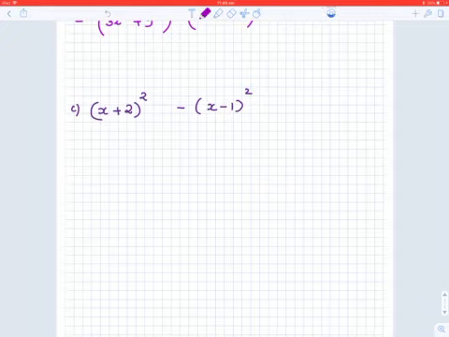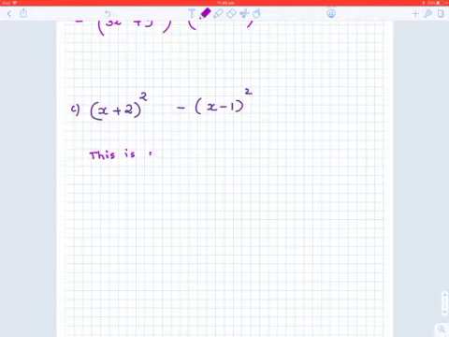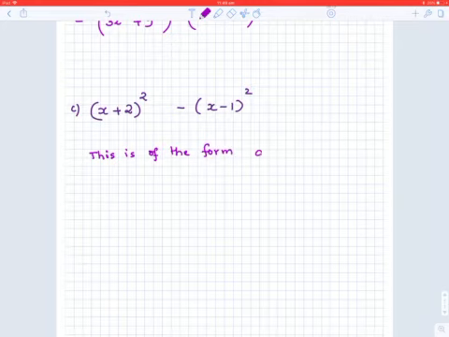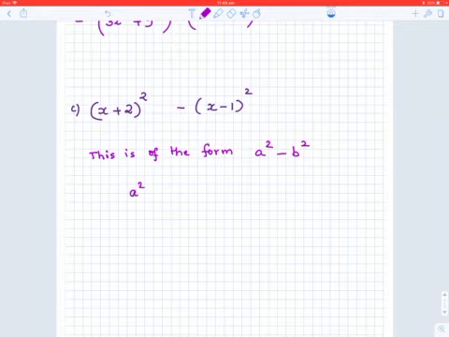There are two terms here. Both are perfect squares, so we can identify them as being in the form a squared minus b squared.